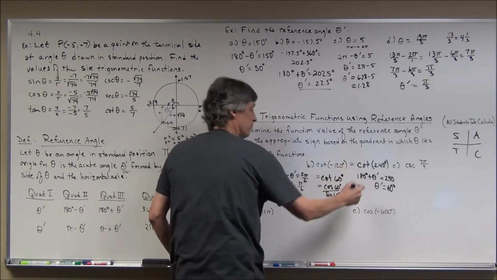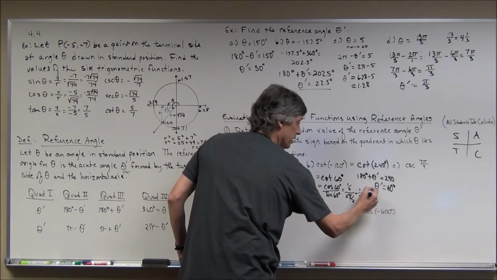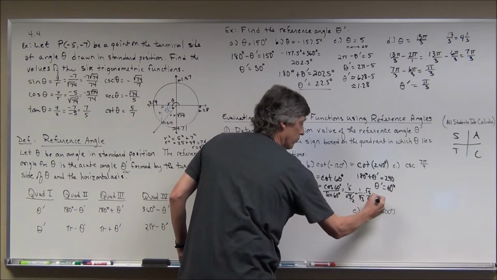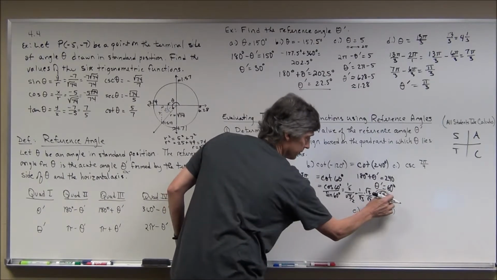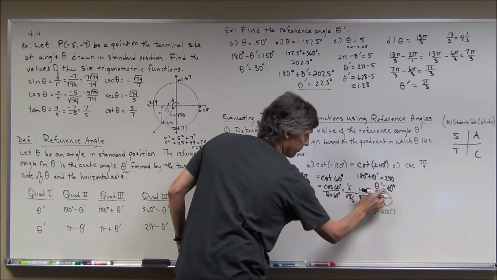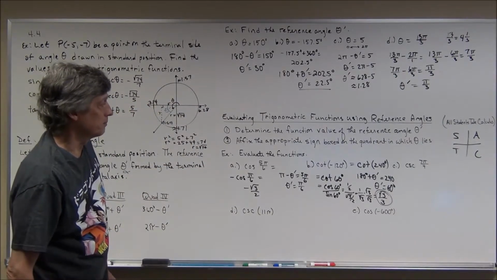You have to invert and multiply. I'm going to get 1 over the square root of 3, and if I rationalize by multiplying top and bottom by the square root of 3, I get the square root of 3 all over 3. Oh, if you can read that. There we go. Positive, the square root of 3 all over 3.